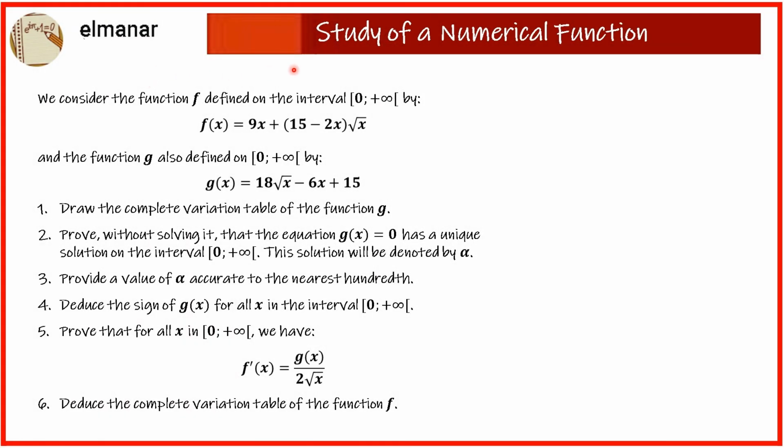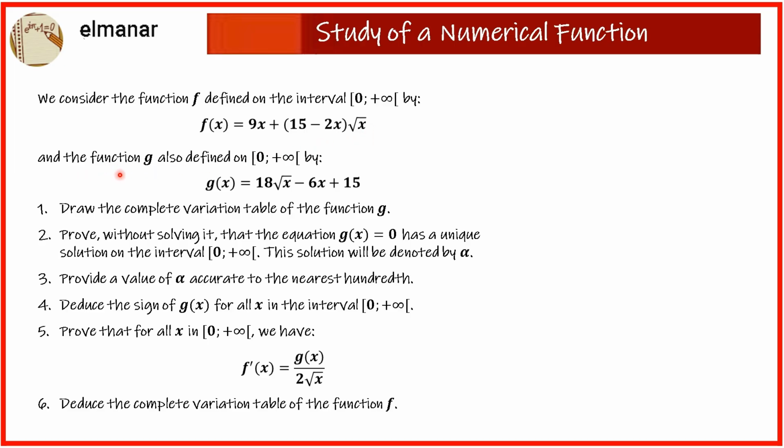Hello, dear students. In this video, we will solve an exercise related to the study of real-valued functions, the intermediate value theorem, and solving equations by successive approximations. We consider the function f defined on the interval from 0 to positive infinity as f of x equals 9 times x plus the quantity 15 minus 2 times x, all multiplied by the square root of x.